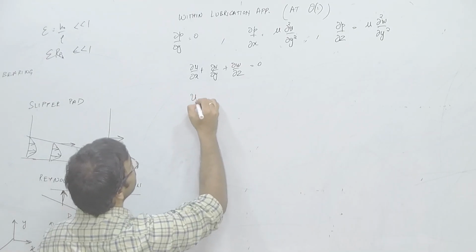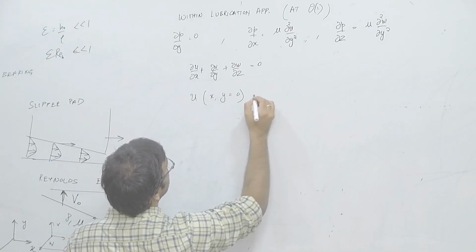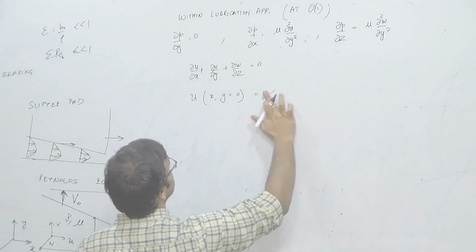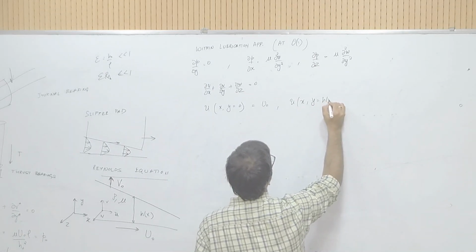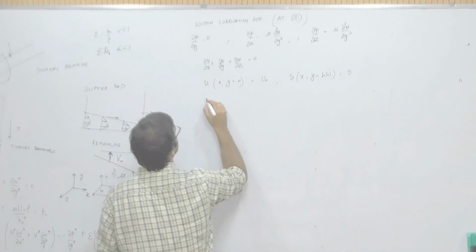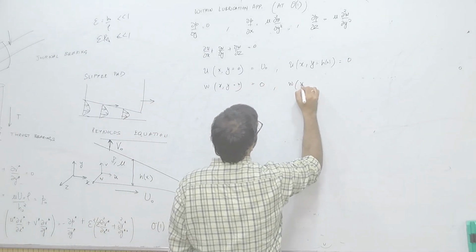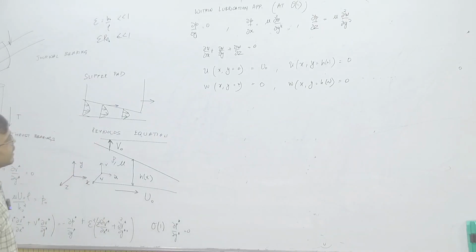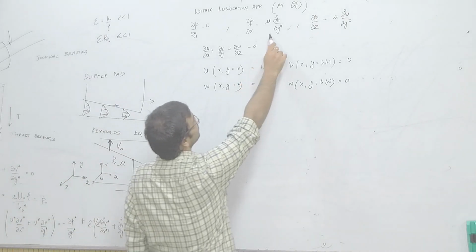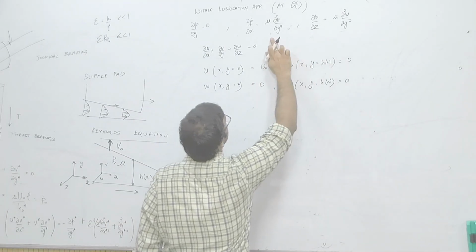For the x velocity u, we have u equals u naught at the bottom wall, and u at y equals h of x is equal to 0, and for w we have 0 on both the walls. Notice that we have PDEs in y only, so we need only the y boundary conditions for now to solve these equations.